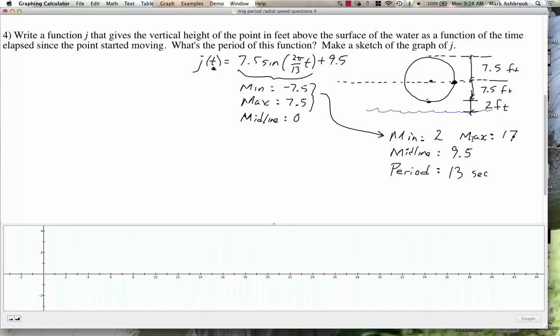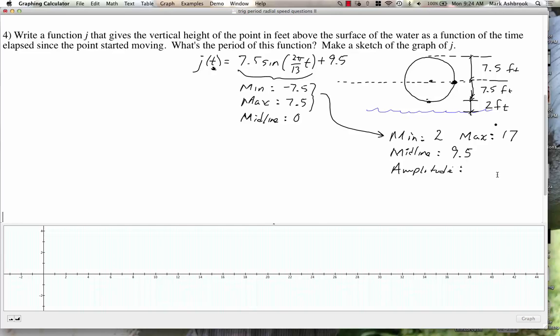And so then, going back to this, we have another thing here called the amplitude. Let me write that first because it associates with this. So we got the period as 13. The amplitude is the distance from the midline up to the max, or the distance from the midline down to the min.